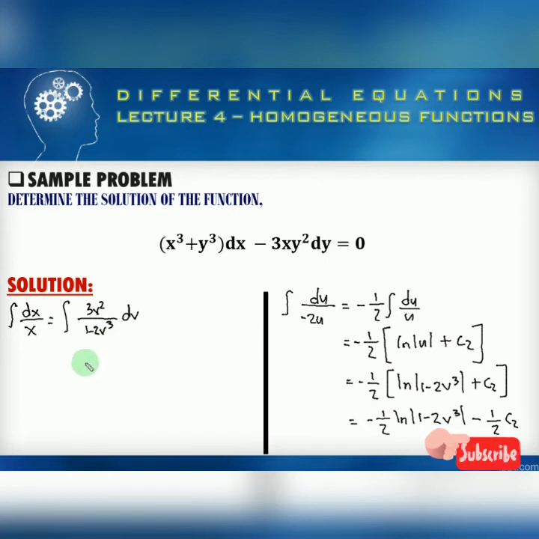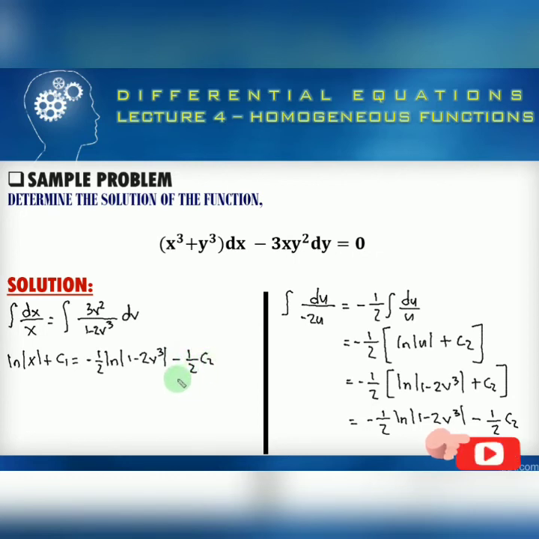So we can substitute the value of our integral of dx over x and this integral of 3b squared over 1 minus 2b cubed db, in which this is equal now to ln of x plus c1, which is equal now to this one, negative 1 half of ln of 1 minus 2b cubed, and then minus 1 half of c2.